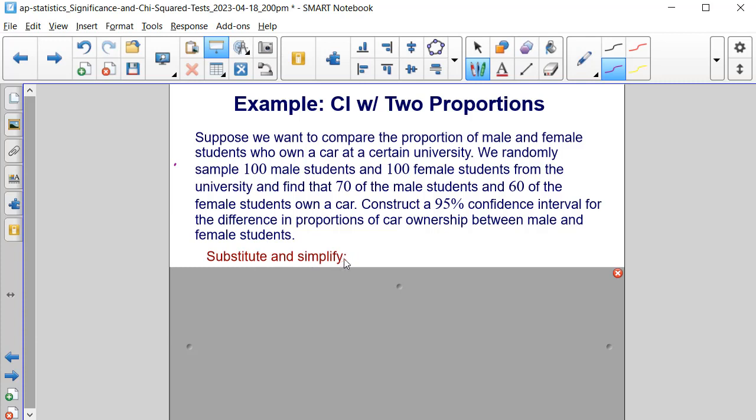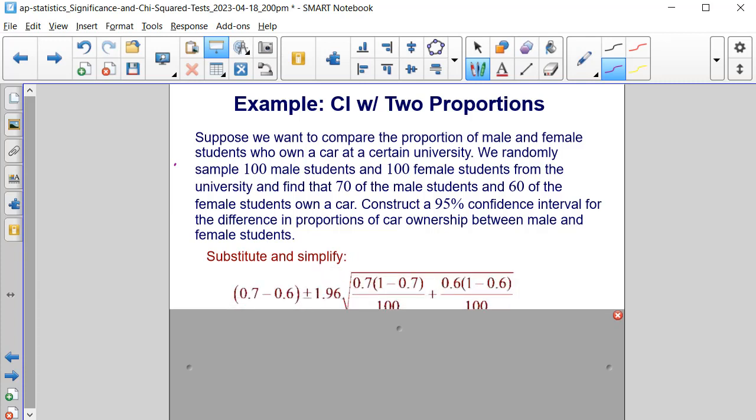If we substitute these values into our formula, we will end up getting 7/10 minus 6/10 plus or minus 1.96 times the square root of 7/10 times 1 minus 7/10, all divided by 100, plus 6/10 times 1 minus 6/10, all divided by 100.